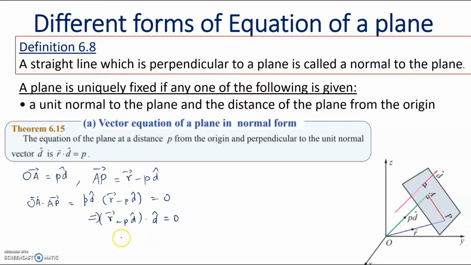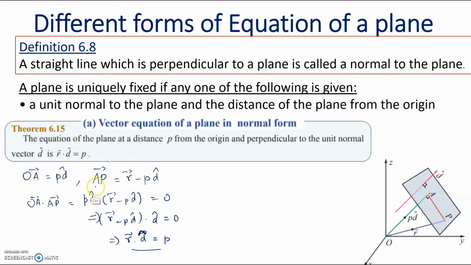Then further, you can write r vector dot product with d cap, sorry, is equal to, if you take this, d cap dot d cap will become 1. So you'll be left with just the p. So this will be equal to p. Hence, that's what we have here.